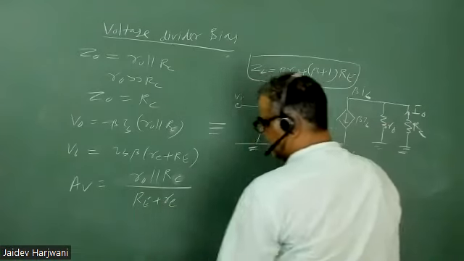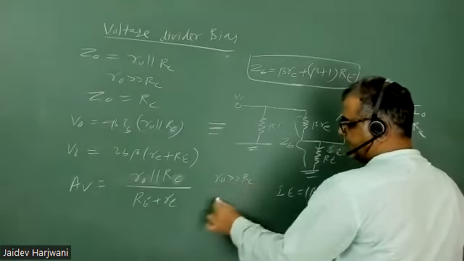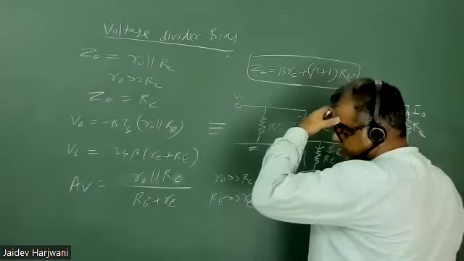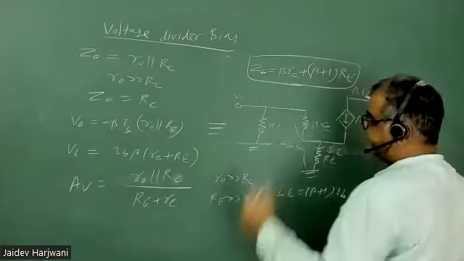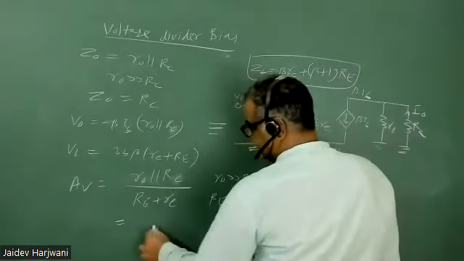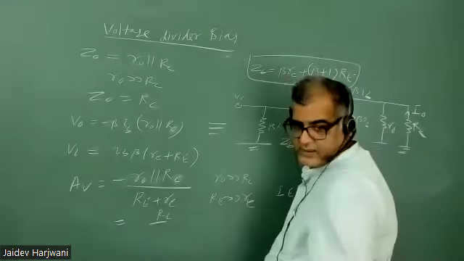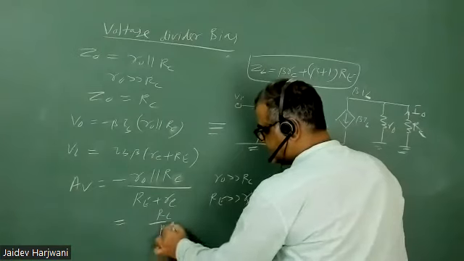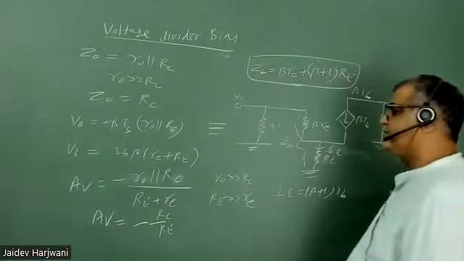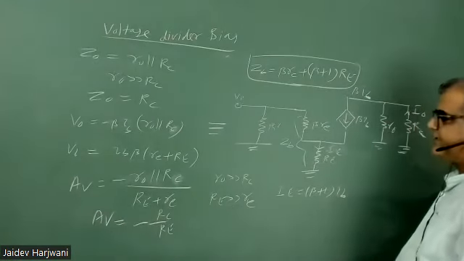And now if R0 is greater than RC and RE is also greater than small re, in that case what can you write? You can write this simply as RC, minus RC by RE. This is your AV, minus RC by RE. This time it changes because of the resistance RE. What was coming earlier?